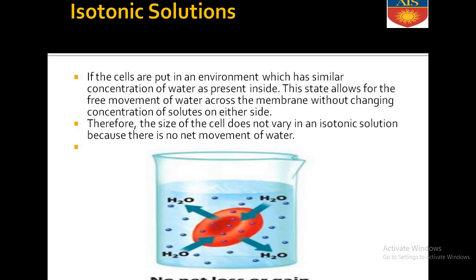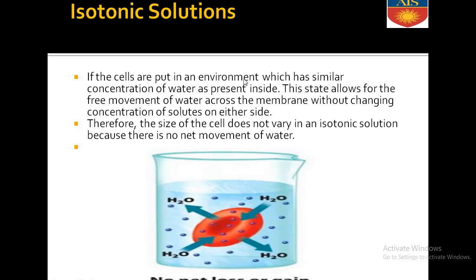You see, from here and here, it is equal. So neither does the cell swell nor does it shrink. So this type of solution is known as an isotonic solution.